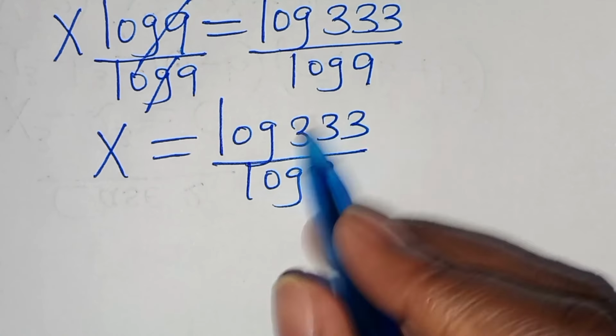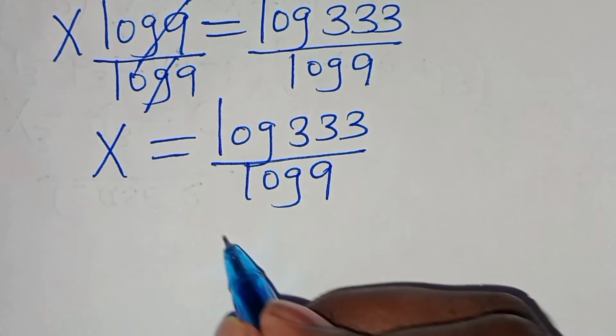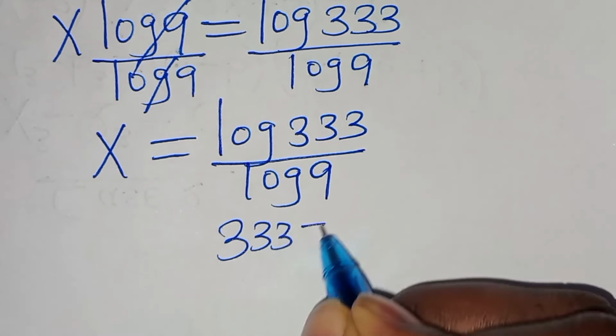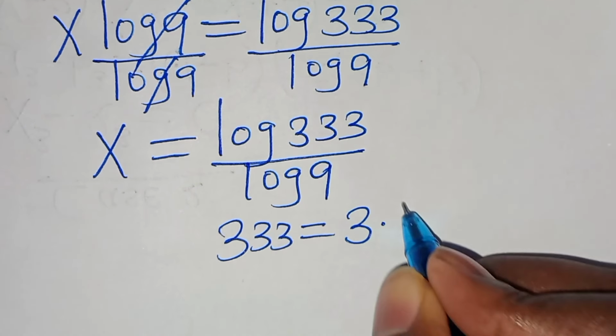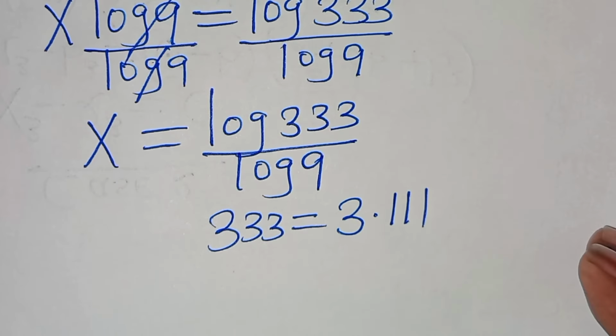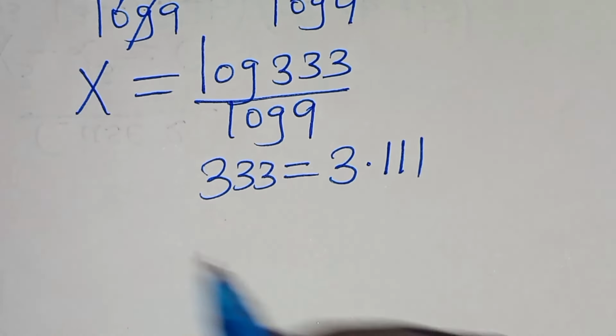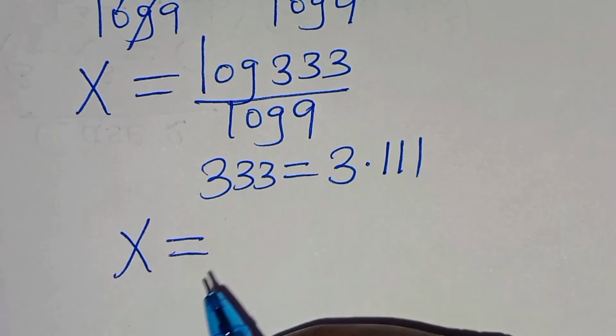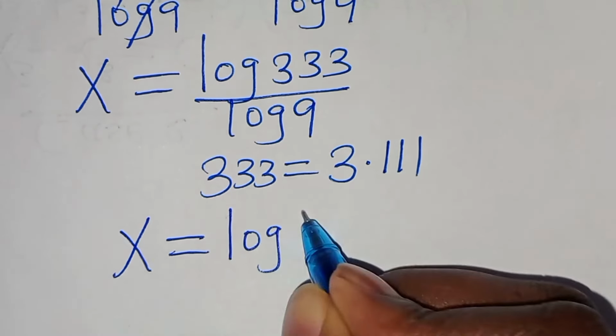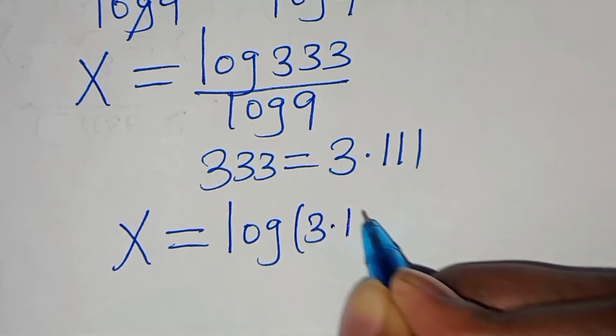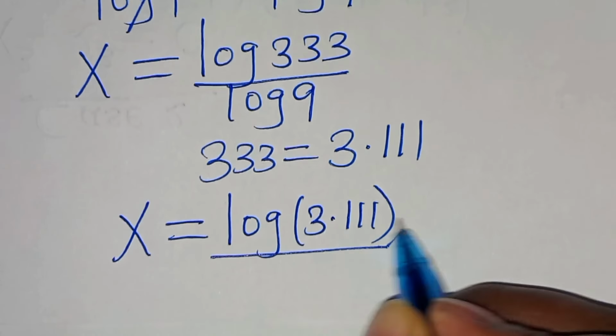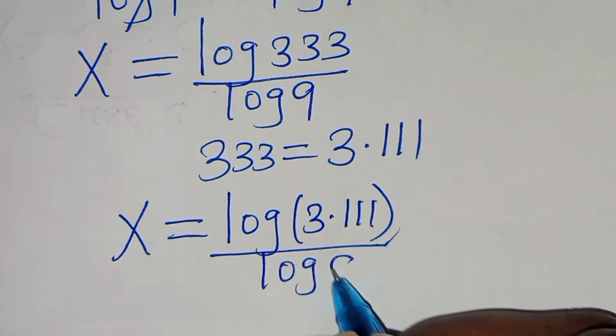So log 333, we can express this as 3 times 111. So let's substitute this, so that x is equal to log of 3 times 111 divided by log 9.